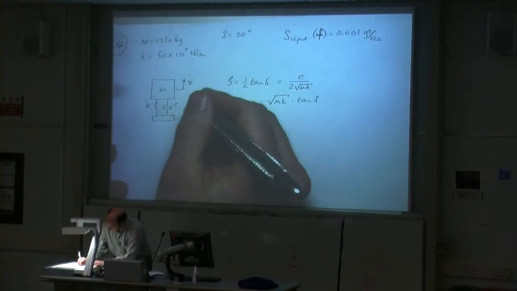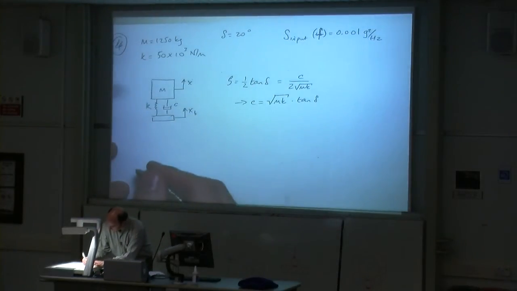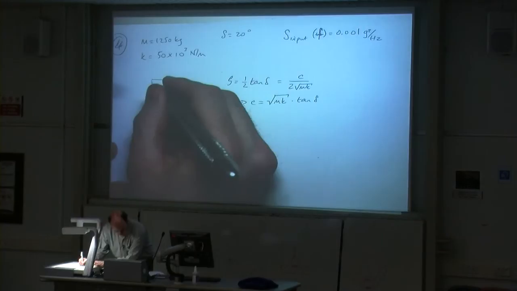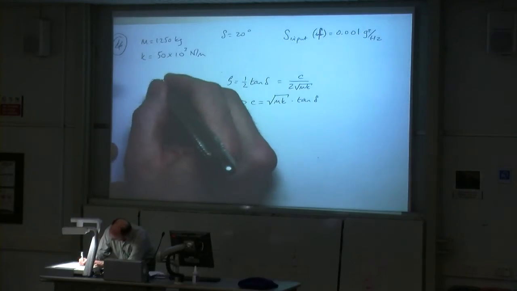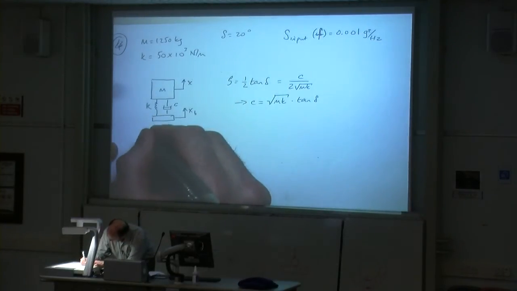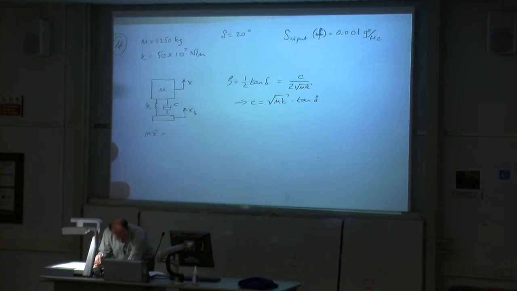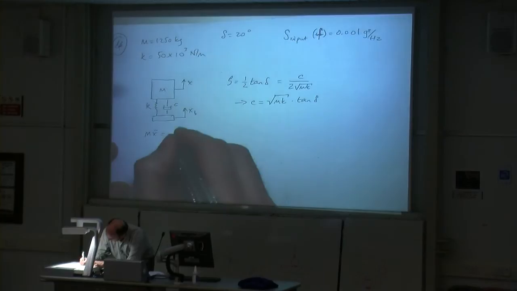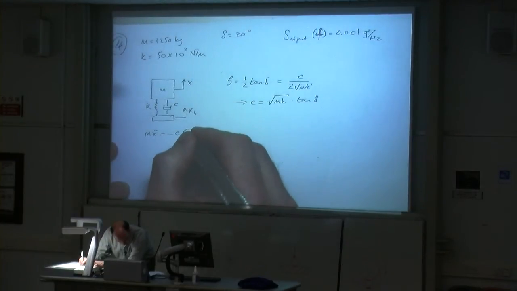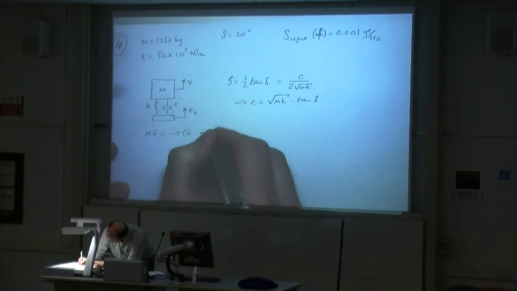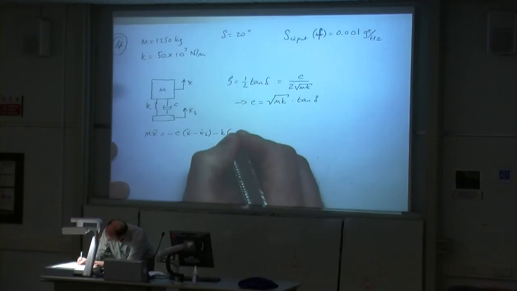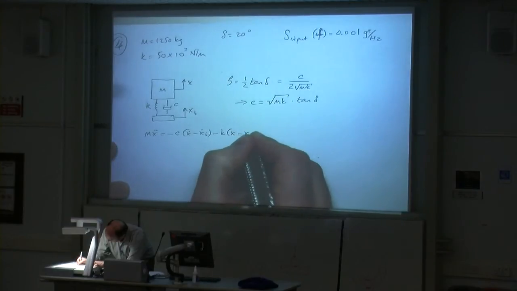So what we need to do is get the equation of motion for this system. Taking the motion of x, m x double dot, Newton's second law, is all the forces attached to it. So we've got minus c times (x dot minus xb dot), minus k times (x minus xb).